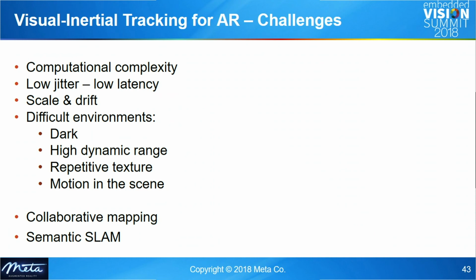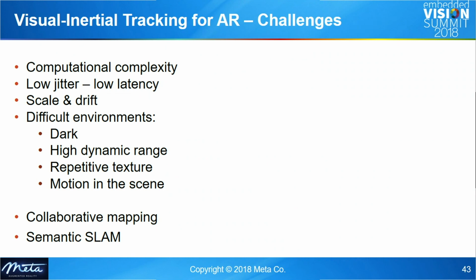For AR, augmented reality, jitter, meaning the small high frequency, small magnitude drift of the poses, is a major issue. We can solve for that by doing low pass filtering of the poses. The downside is that we'll increase latency.